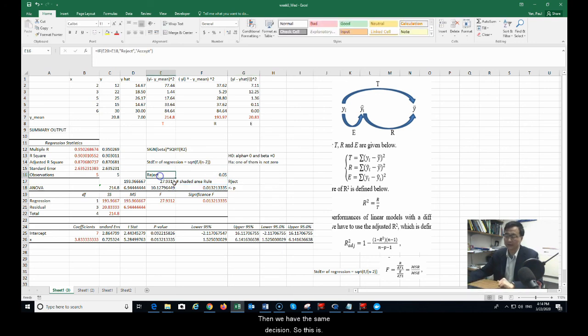Then we have the same decision, so we reject and also reject. We finished replicate simple linear regression part 1 and part 2. Again, part 1 and part 2 look at the goodness of fit of the whole model, and part 3 looks at the significance level of individual parameters like alpha and beta.